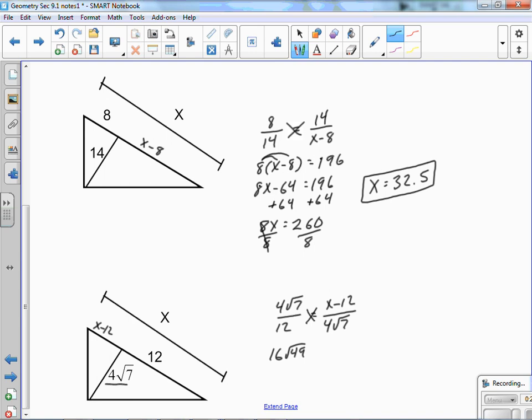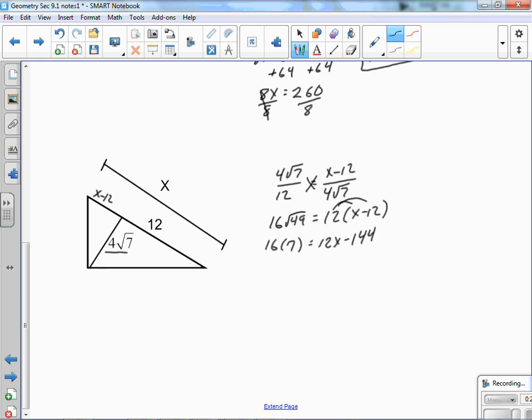So 16 square root of 49 is going to equal 12 times x minus 12, which distribute the 12 and take the square root of 49, so that gives us 16 times 7 equals 12x minus 144. Sixteen times 7 will be 112 equals 12x minus 144.